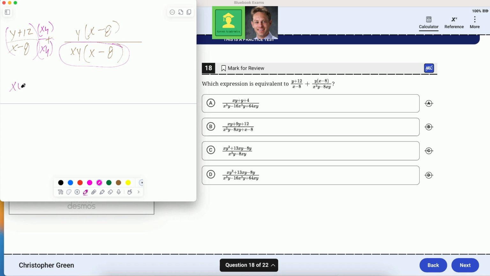So xy squared plus 12xy plus xy minus 8y equals this whole thing. Now glancing at the answer choices, yeah, they actually do the expansion. So let's see.